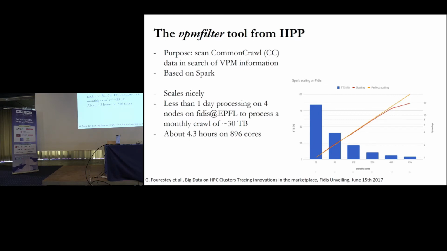There was scaling done by Gilles last summer, so the tool scales very nicely. You can see that with 4 nodes on the Philips cluster at EPFL, you can get the processing of 30 terabytes in less than 1 day, and just in a few hours if you use 32 nodes. And you see that the program scales very nicely there.